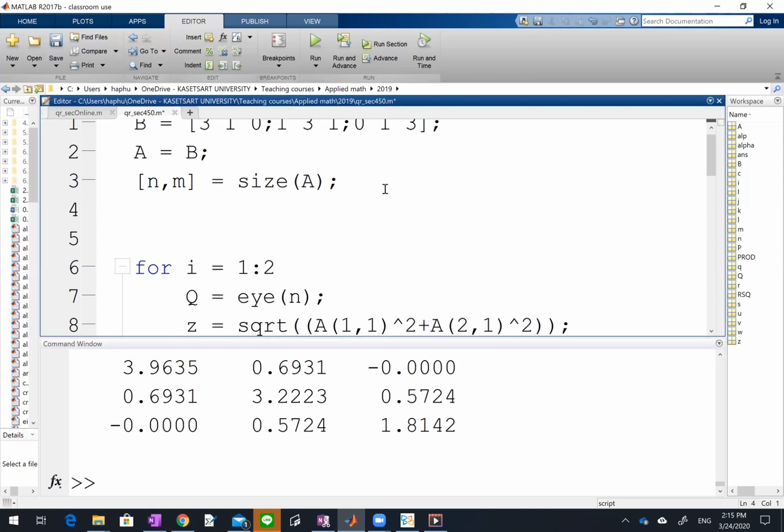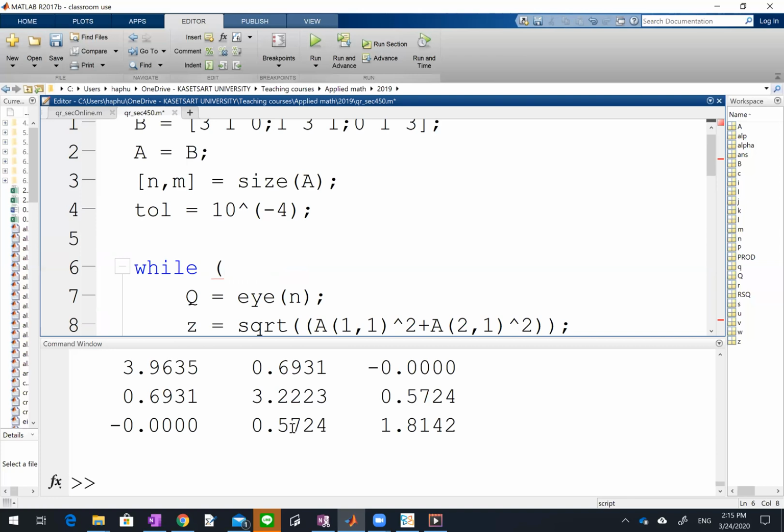So maybe we can say the tolerance is 10 to the minus 4. If you have a tolerance, then you might want to use a while loop. I don't want to see ERR, but I want to say this number.